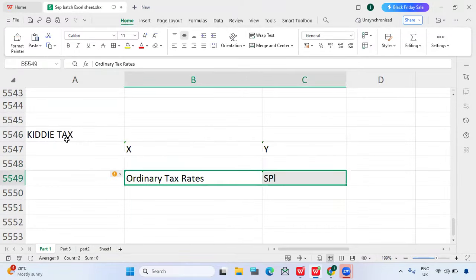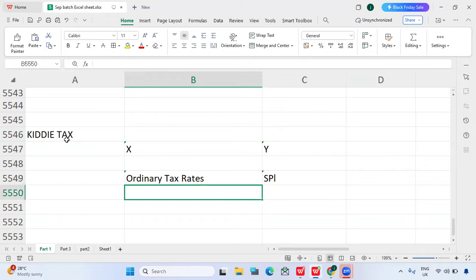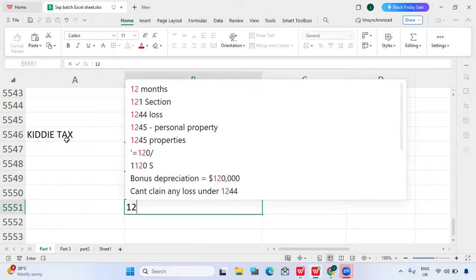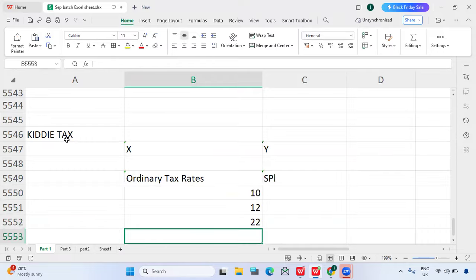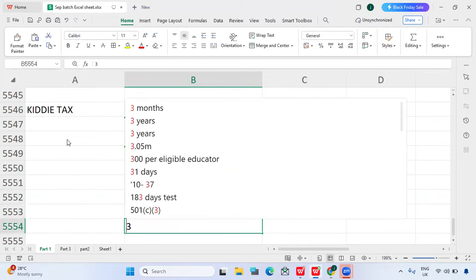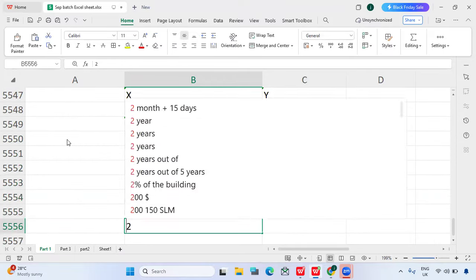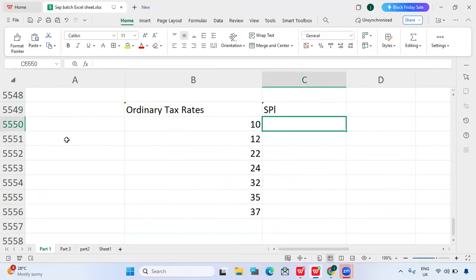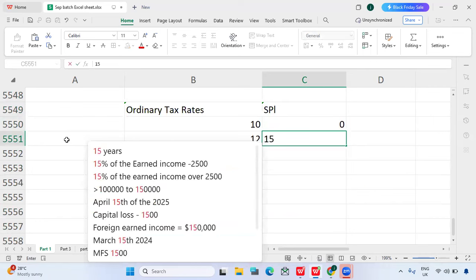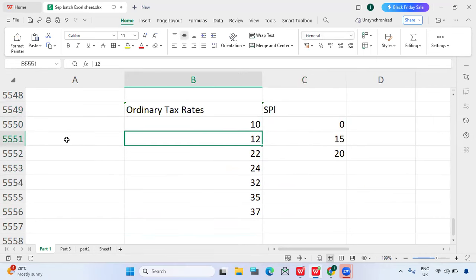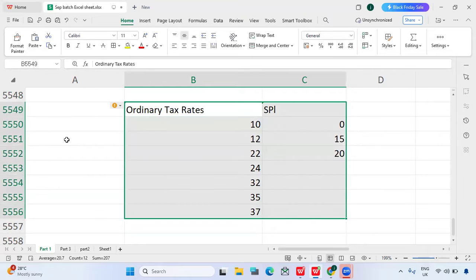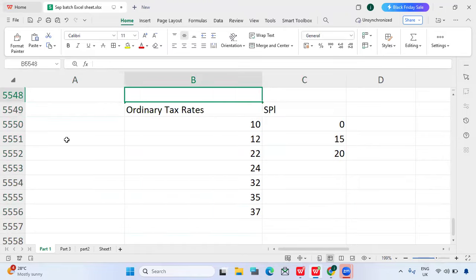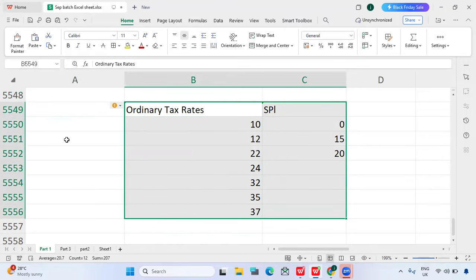Any country's income tax is progressive: as income increases, tax also increases. So ordinary tax rates are 10, 12, 22, 24, 32, 35, and 37, and special rates are 0, 15, and 20. These are the tax rates in the USA. You know these tax rates, right?